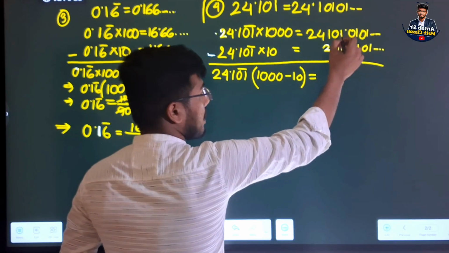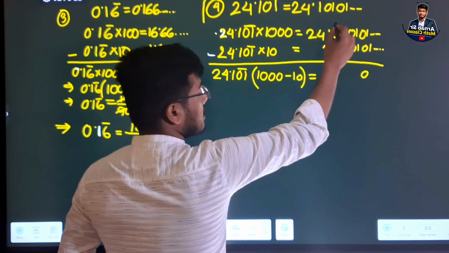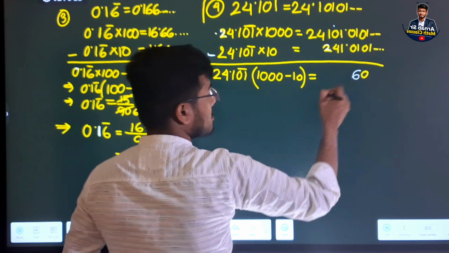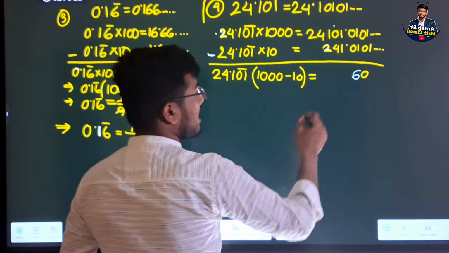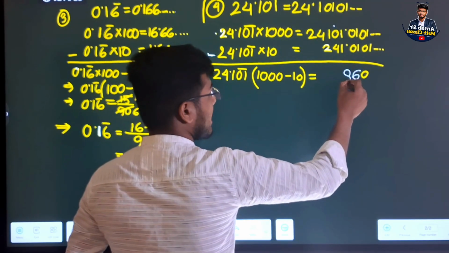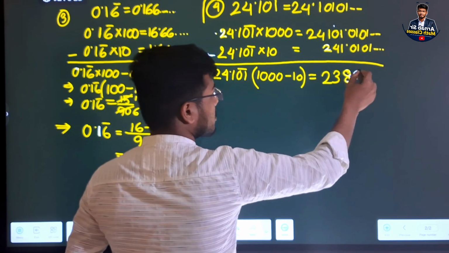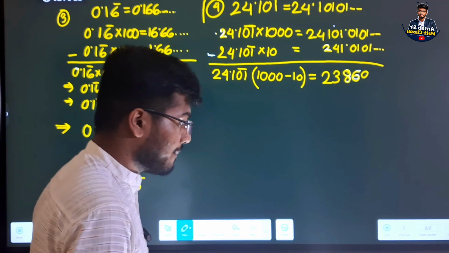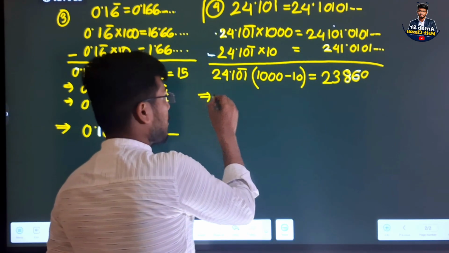Next, 1 minus 1 is obviously 0. Then 10 minus 4 is 6. Then 10 minus 2, that means 8. Then 3, then 2. Up to this all are clear, yes or no? 23860.